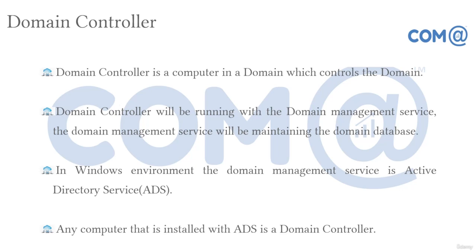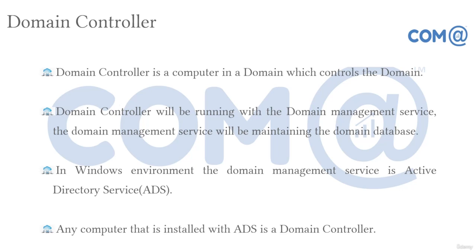Everything is stored in the database. Based on the configuration stored in the database, the domain management service manages the domain objects. In a Windows environment, the domain management service is the Active Directory service.